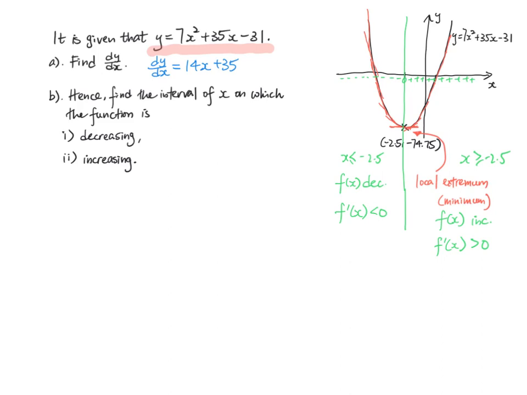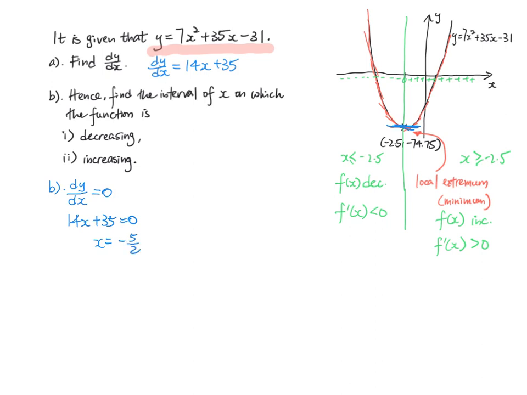So how do we write this out? So for part B, first I want to find where the local extremum is. So I set dy dx equals 0 because this is where the slope is always equal to 0. It's a horizontal tangent line. So 14x plus 35 equals 0, and so of course x equals negative 5 over 2.